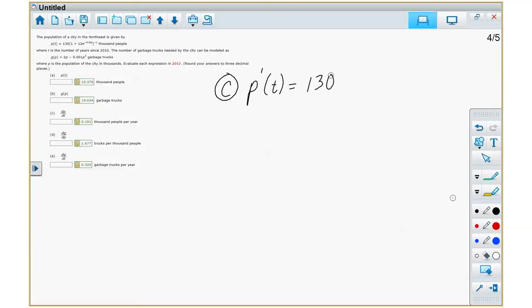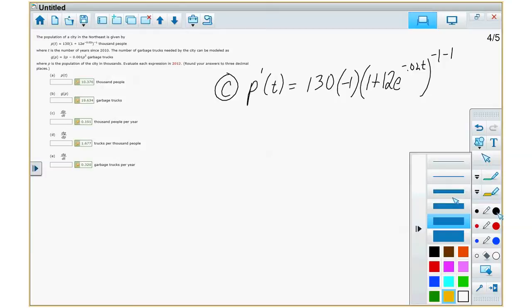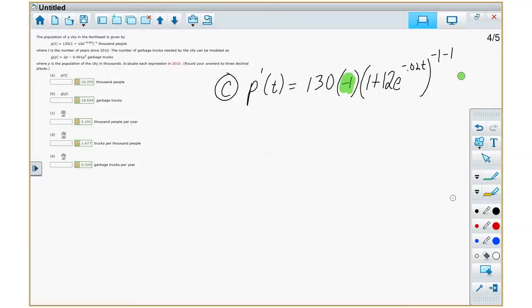P prime of t is equal to 130 and -1 times 1 plus 12e to the -0.02t to the negative what? 2. -1. I'm going to go ahead and put a -1 there because I'm subtracting 1. Gmail has just arrived. And I'm going to take my highlighter. That 1 is our basic derivative rule.